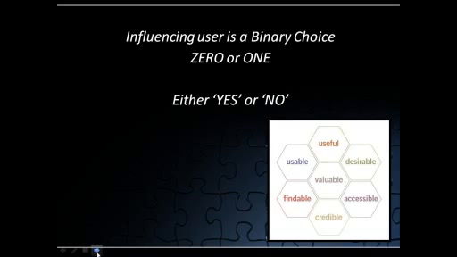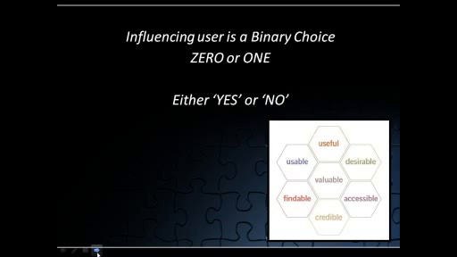So we are saying that influencing a user is a binary choice. Either they are influenced or they are not influenced. If they are not influenced, the opportunity is gone. So it is very important to handle every user with great care. There you can see a picture on the right hand side.